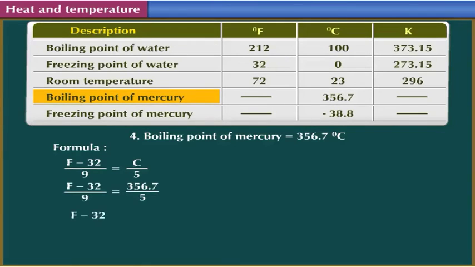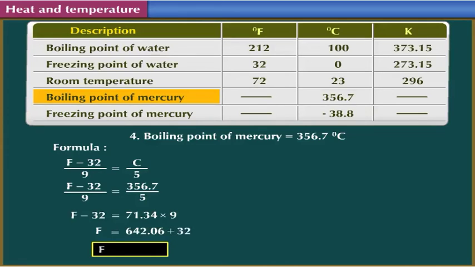Thus, F minus 32 is equal to 71.34 into 9. Thus, F is equal to 642.06 plus 32. Therefore, F is equal to 674.06. Let us fill the calculated value in the table.